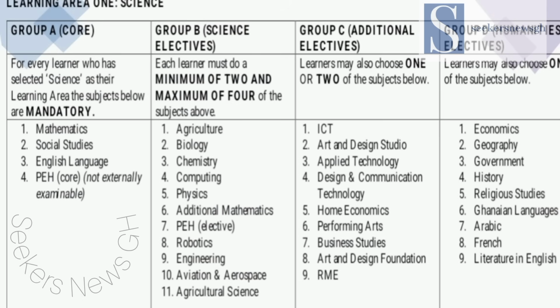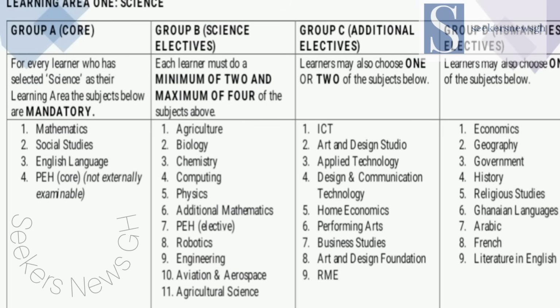So if your child chooses science as the learning area in the SHS, these are the various areas or subjects the learner will be taking. So we have Group A, which is the core, Group B, the elective, then Group C, additional elective, then Group D, humanities elective.